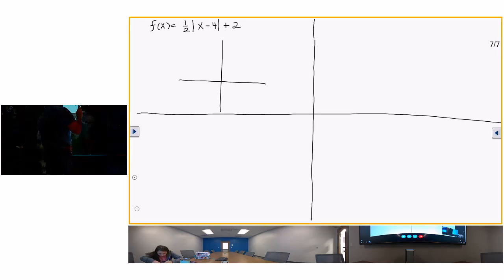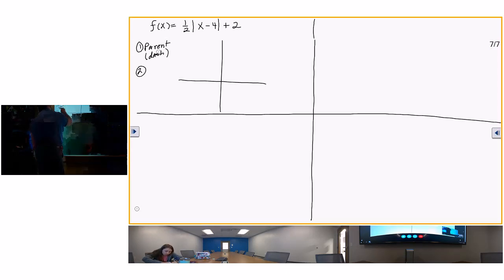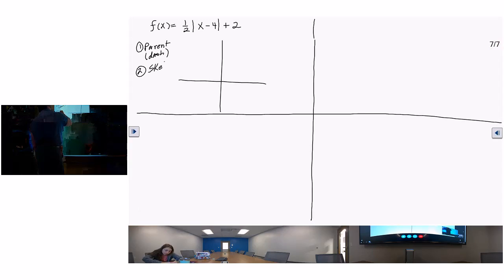Now what I want you to do is draw the parent graph, or just dash it in. Parent, I want you to dash. And then I want you to sketch the actual graph that I put up here.